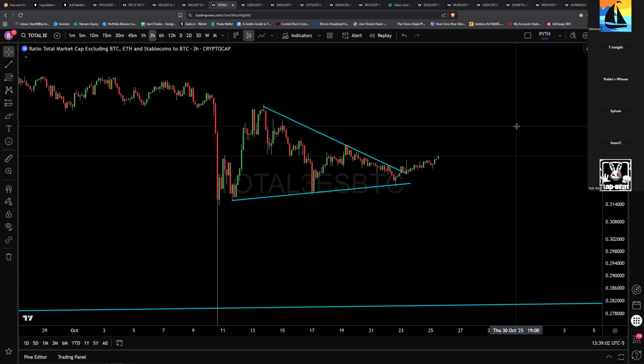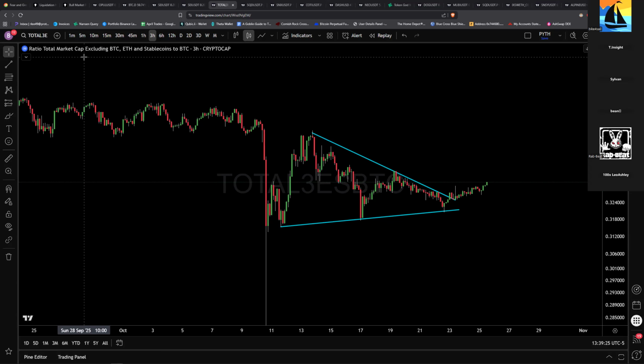So this is the TOTAL3 chart, TOTAL3 ES BTC. What this chart represents is the ratio of total market cap excluding Bitcoin, ETH, and stablecoins, compared against Bitcoin. The same way you would do Ethereum versus Bitcoin, we're comparing all altcoins and their strength versus Bitcoin currently.